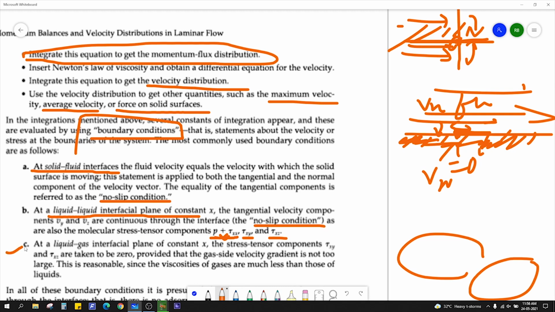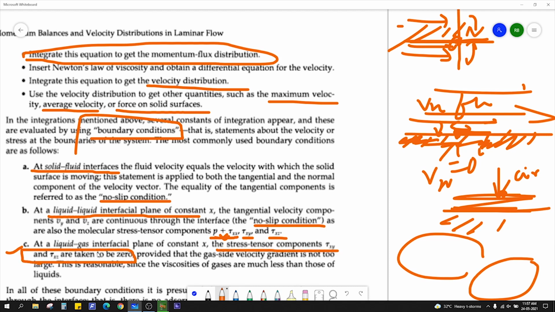Thirdly, we have the liquid-gas interfacial plane. Suppose we have a liquid flowing in the open, for example, liquid flowing in a reverse direction. At the surface we have an air and liquid interface, right? So at this point, what boundary condition can you take? If you take a plane of constant x, then you can set tau xy to be 0.